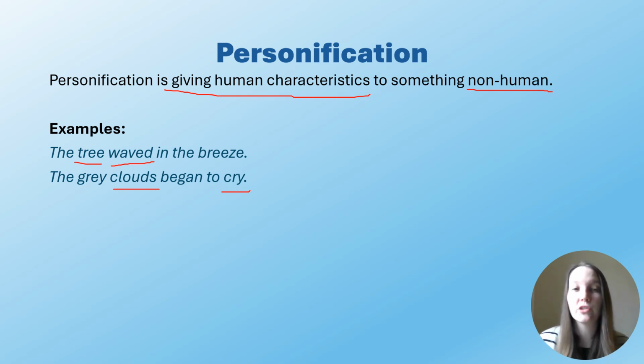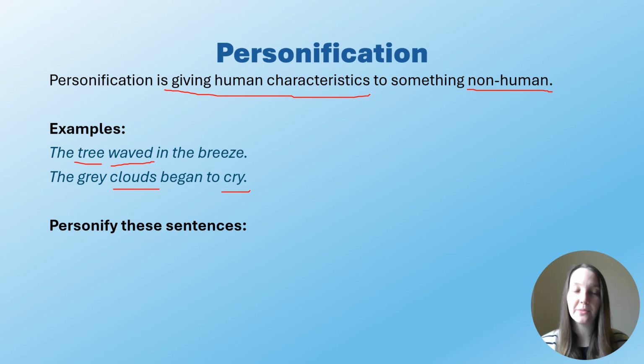But instead they've chosen to say the grey clouds began to cry. So, we'll do lessons on analysis and why it's effective, but essentially this is what personification is. So we've got this sort of verb here of crying, we've got the verb of waved, something that we can do as humans. So again, get these down if you want these examples.